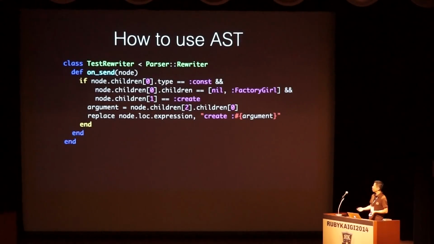It will check if the message is create, and if the message is sent to the constant FactoryGirl, then it will fetch the arguments, maybe a post, and it replaces the code with just create and the original argument. Yeah, that's it. It can do the conversion, but you see that it used the children, type children, so it's not readable. It still takes time for you to understand what it does.